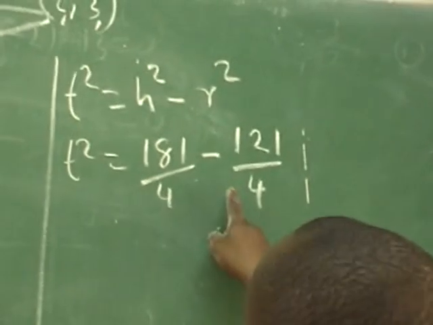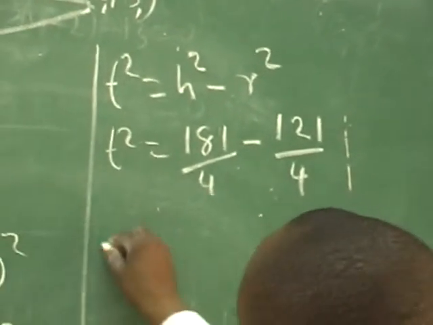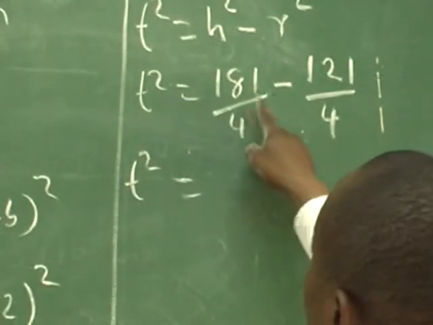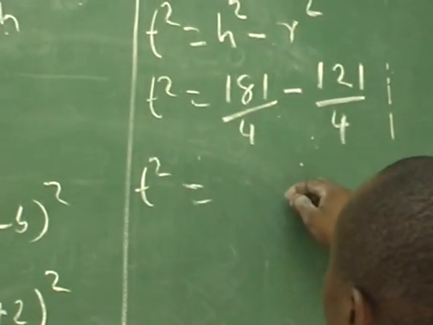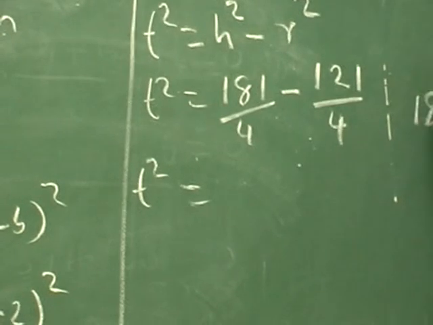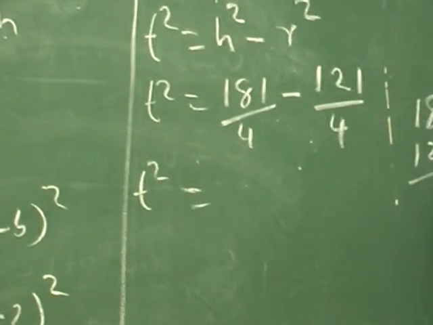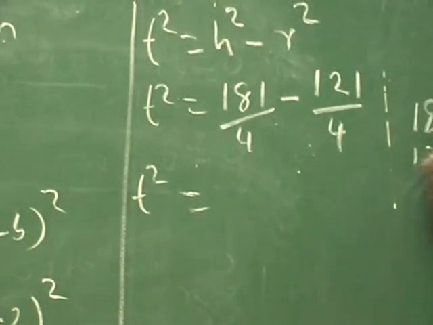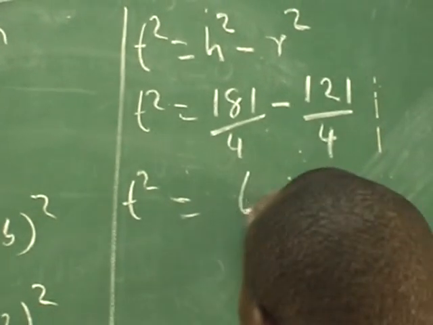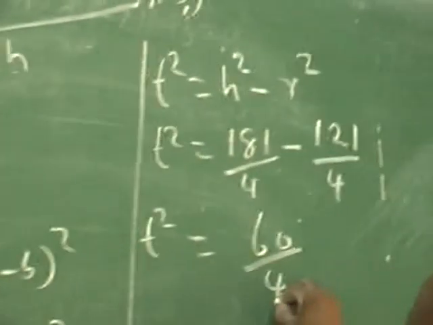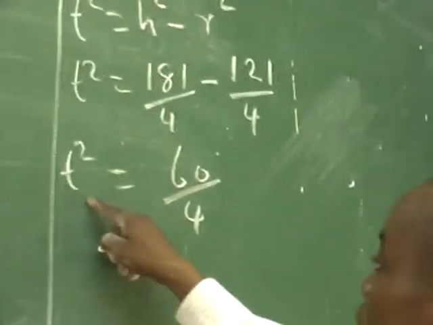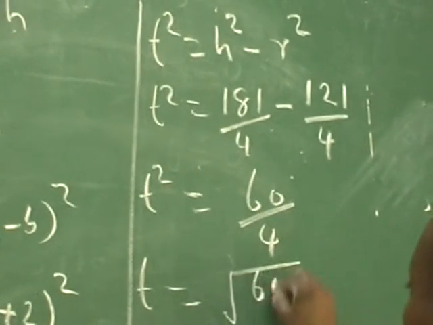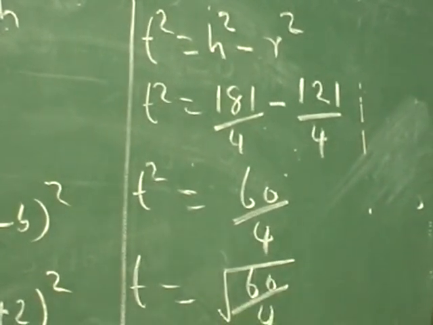If I take the LCM here, t squared will be equal to 181 minus 121. That gives me 60. So I have 60 all over 4. But t now will become square root of 60 all over 4.